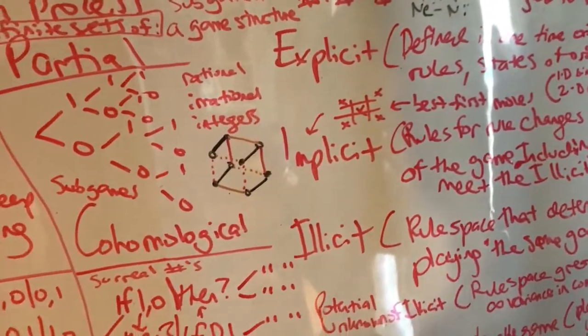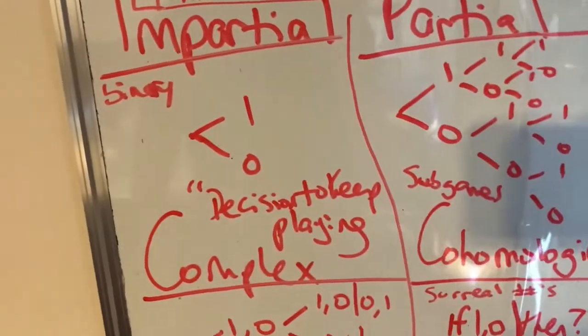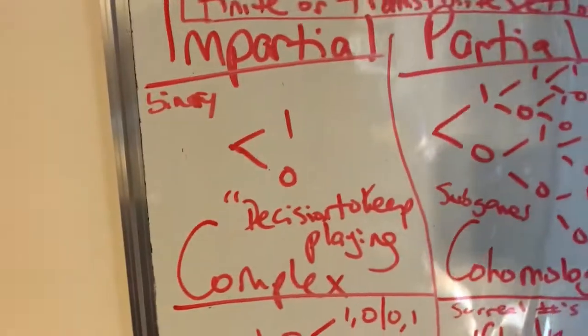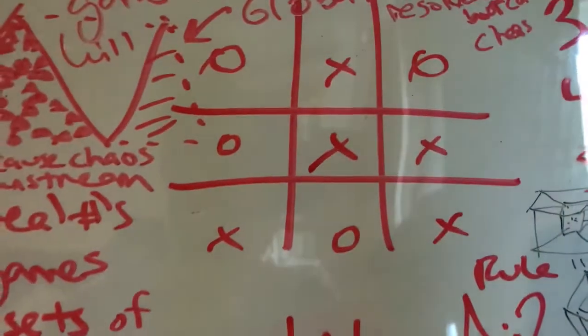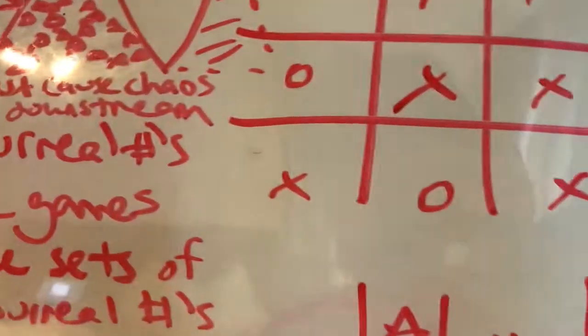Alright, so I'll just go back to this area and the impartial. An impartial game is essentially a game where everyone has an equal amount of moves. So in tic-tac-toe, it's not impartial because as soon as you move 1, the other person now has 8 options instead of the first player's 9.